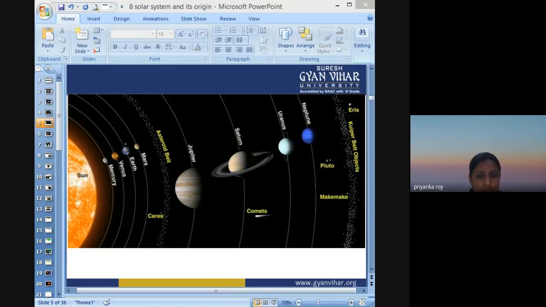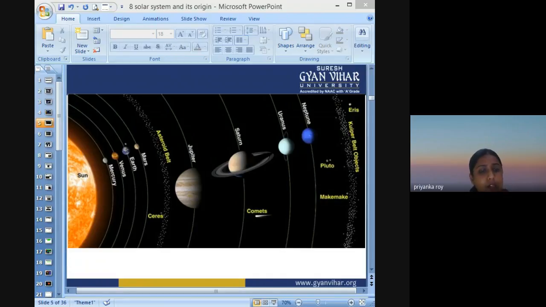But there are a lot of controversies about whether it should be recognized as a planet or not. It is still a controversy, but by the international agencies it has been widely accepted as dropped from the status of being a planet.